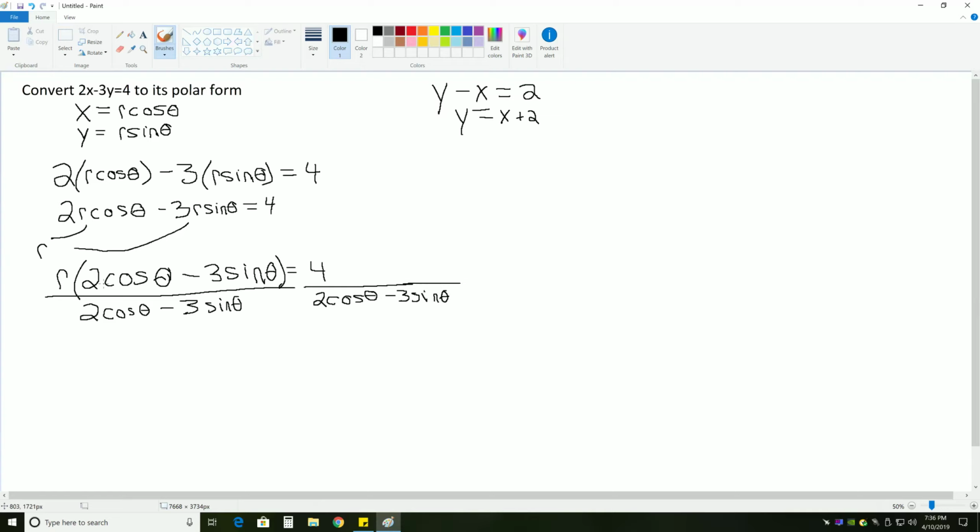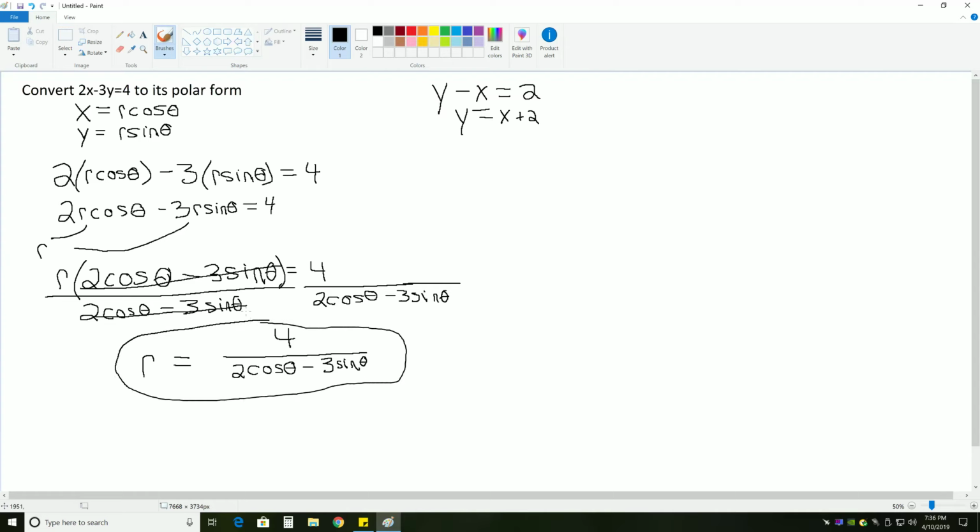And now this 2 cosine theta minus 3 sine theta will cancel from the numerator and denominator, leaving us with r equals 4 over 2 cosine theta minus 3 sine theta. And this is the polar form of the equation 2x minus 3y equals 4.